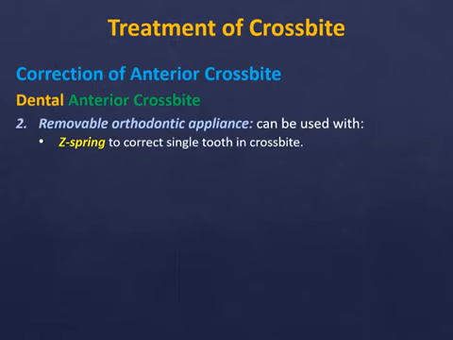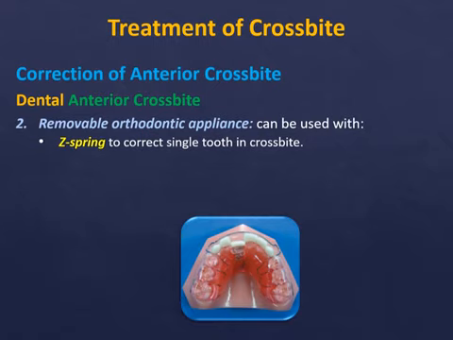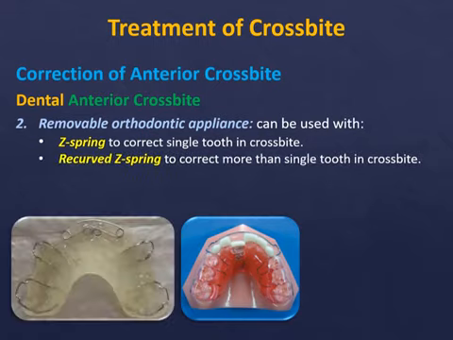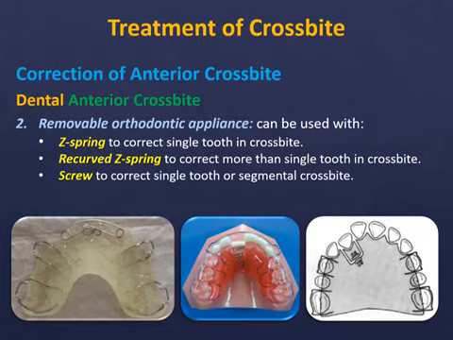A removable orthodontic appliance can be used with a Z-spring to correct a single tooth in crossbite, a recurved Z-spring to correct more than a single tooth in crossbite, or a screw to correct single or segmental teeth in crossbite. These three options can be used to correct anterior crossbite.